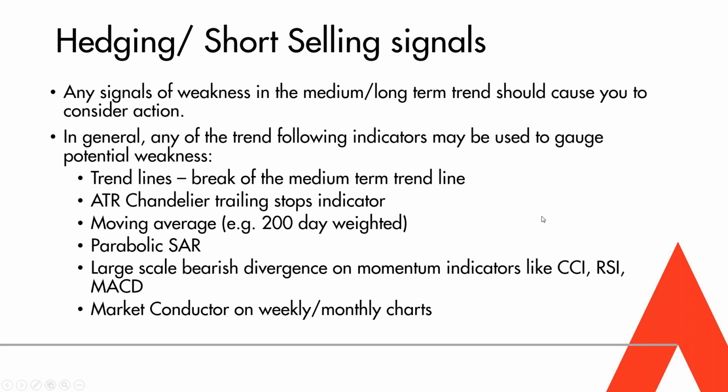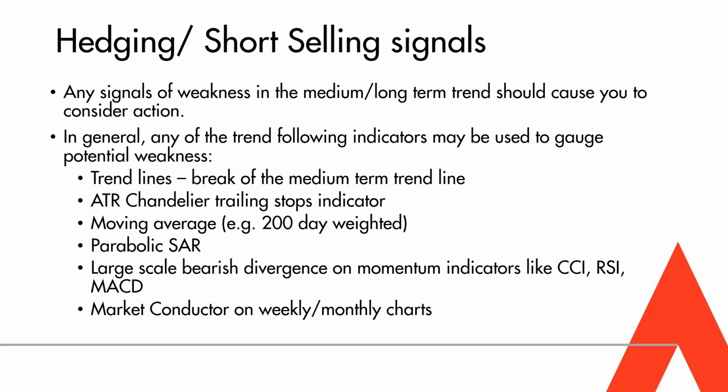In terms of hedging signals, any signals of weakness in the medium to long-term trend should cause you to consider action. In general, any of the trend following indicators may be used to gauge potential weakness. So they could be things like trend line breaks, showing a break of medium to longer term trends.